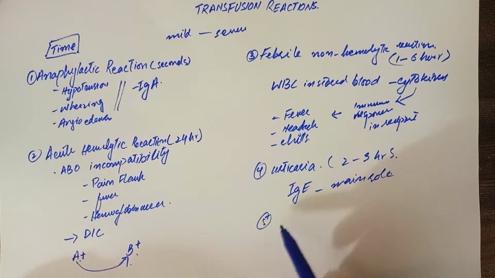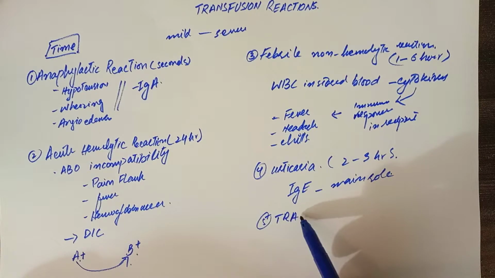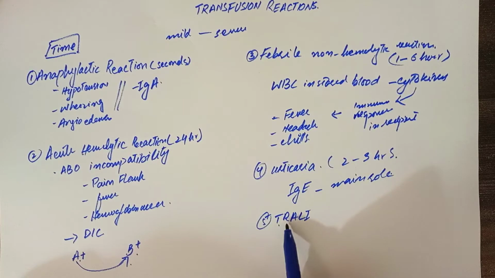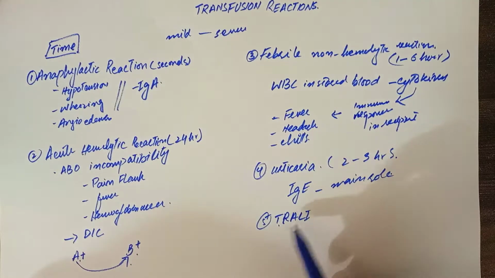The next one is TRALI, or transfusion related acute lung injury. What is the mechanism for this injury?